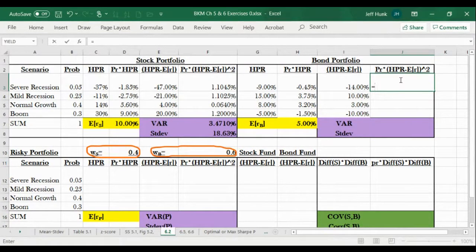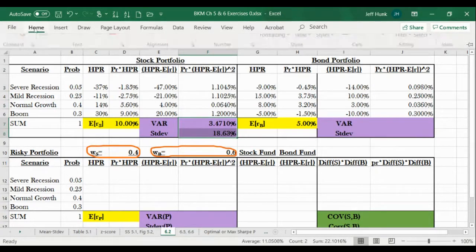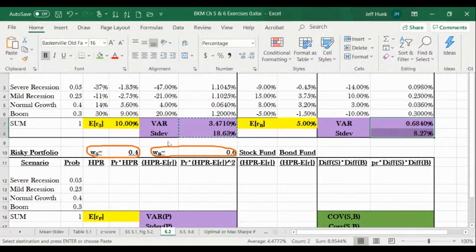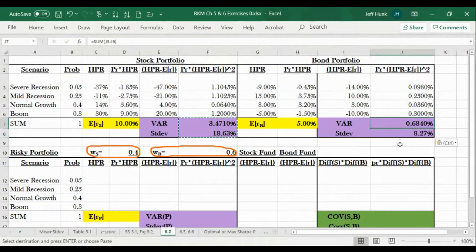So even if it is a little tedious, let me do it like this: probability times difference term squared, and then I'll drag it down. So there you go. The variance of the bond portfolio is this. The standard deviation of our bond portfolio is this.